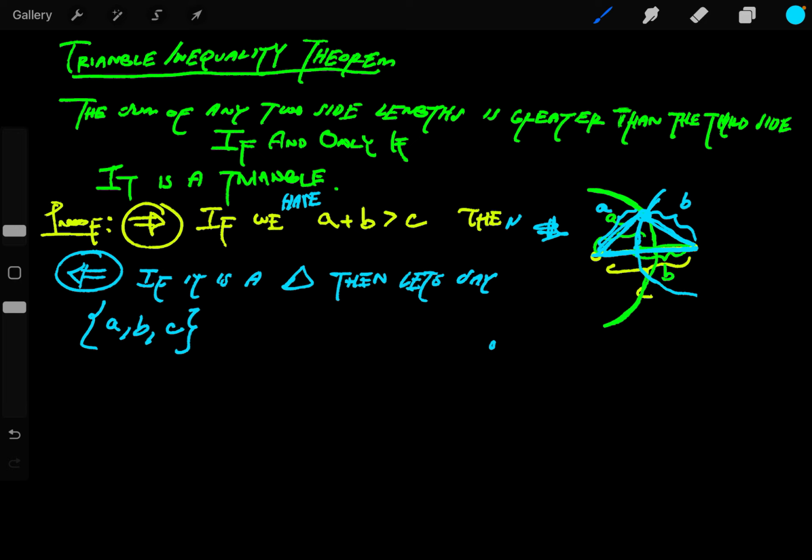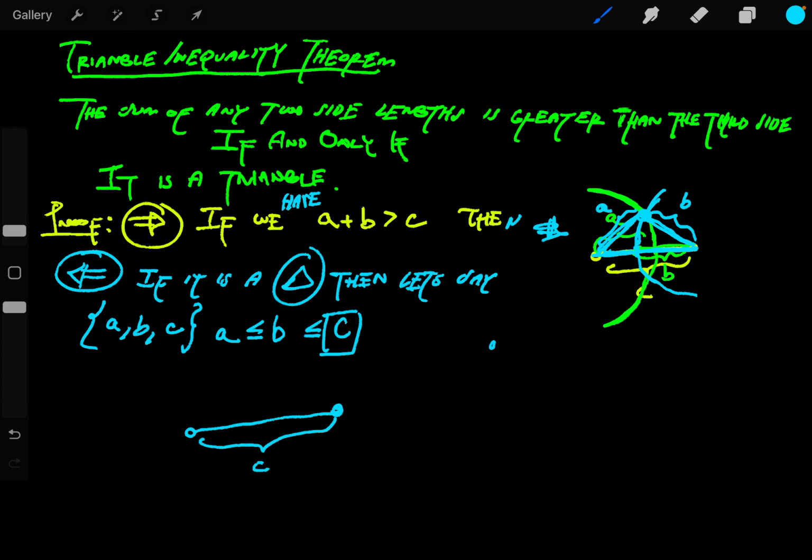So if you draw C as the longest side, we know it's a triangle, and we want to show that A plus B must be greater than this C. You could prove the contrapositive a better way. So what would be the contrapositive of this?